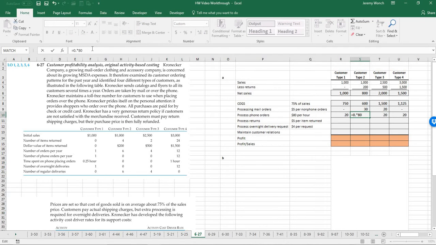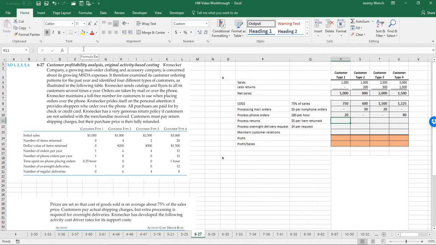Customer 2 doesn't spend any. Customer 3 doesn't spend any time on the phone. And customer 4 spends a full hour on the phone.